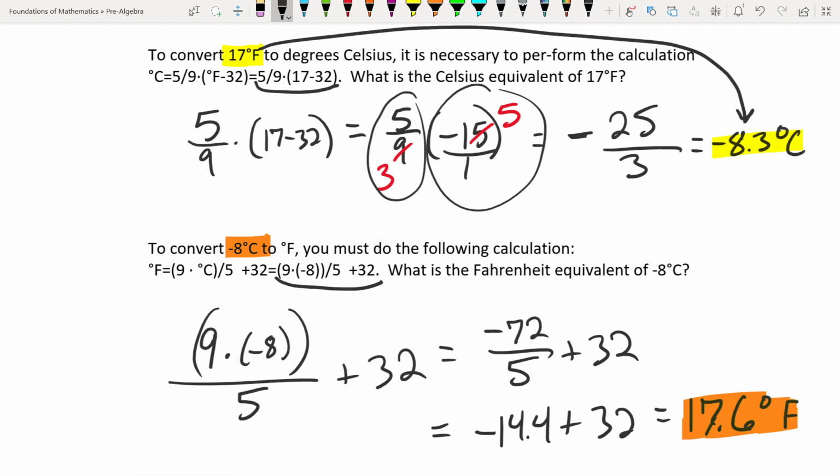We have a little bit lower of a temperature. 17 degrees is lower than 17.6 degrees Fahrenheit. And negative 8.3 degrees is a little bit lower than negative 8. That's because negative 8.3, right? The bigger the negative number, you can think of it, quote unquote, as the smaller the number is.